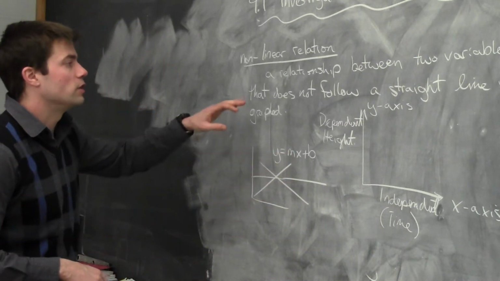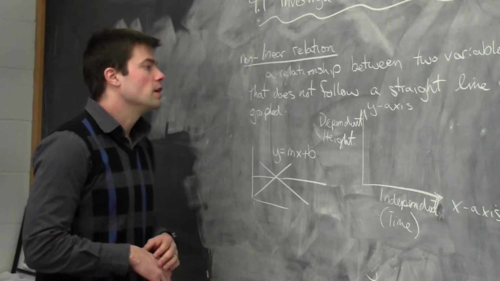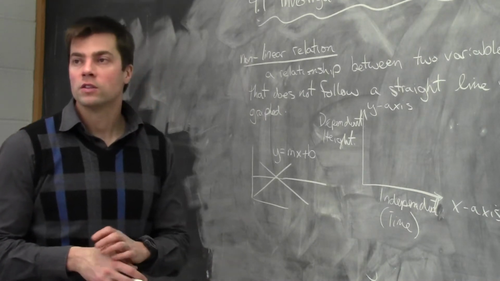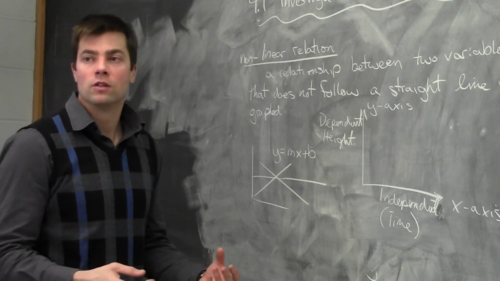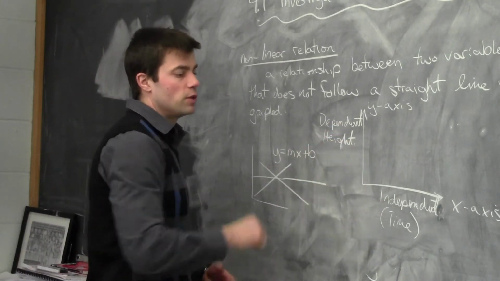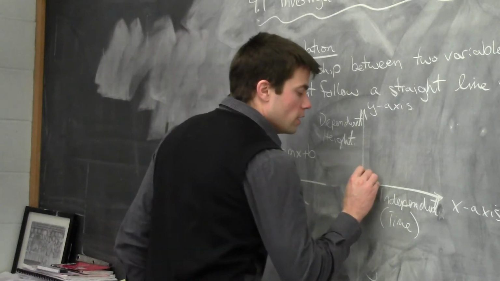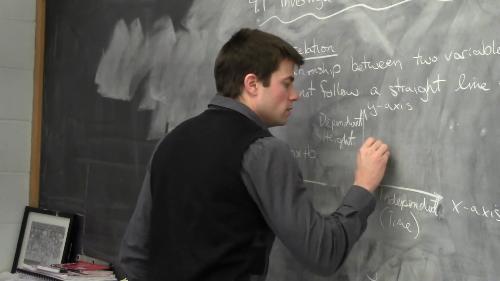So a nonlinear relation is a relationship between two variables that does not follow a straight line when graphed. So we are still looking for a relation, some sort of relationship between an independent variable and a dependent variable, however, doesn't follow a straight line.